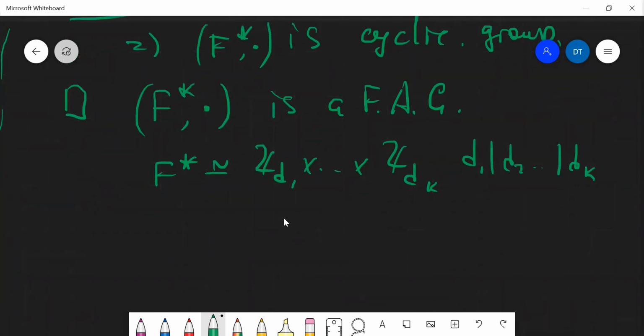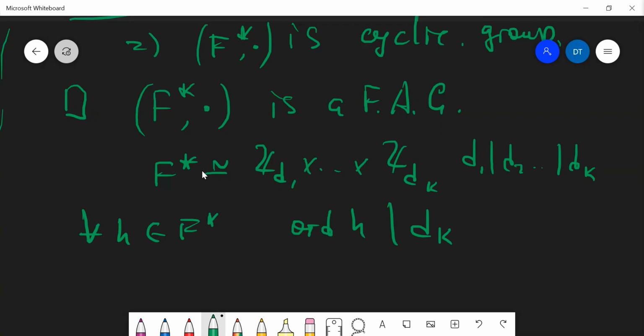What does it mean? It means that for each element h here, the order of h divides dk. Because on the right-hand side, the operation is addition, and on the left-hand side, the operation is multiplication.